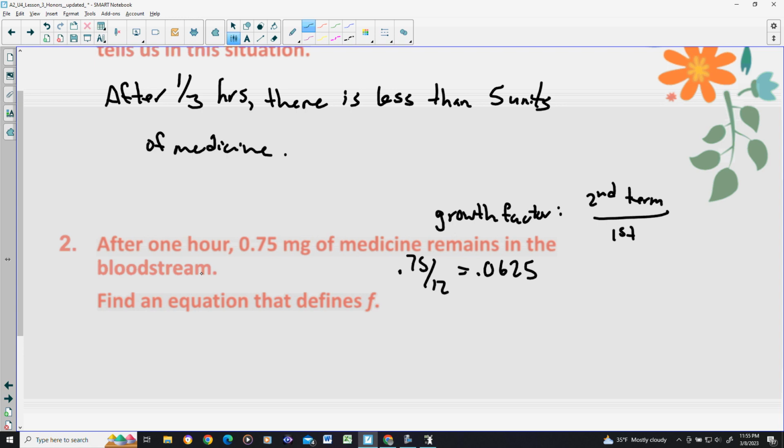So I'm going to say that f of t equals, it could be h, maybe I'll do h instead because it's specifically going to represent hours, equals, started with 12 units of medicine times 0.0625 to the h power. And yes, that is 1/16th, by the way. So it's 1/16th each time.